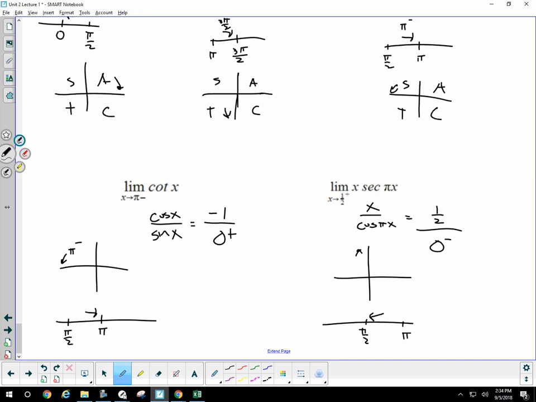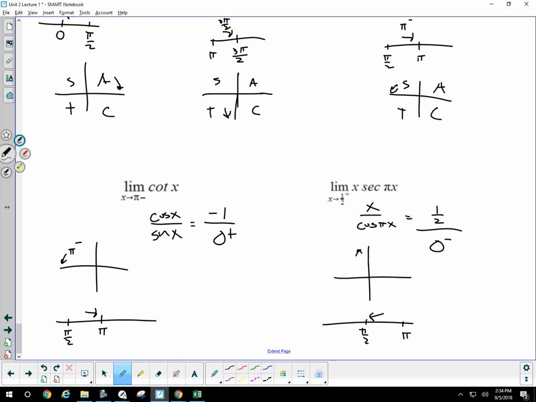Pi from the left, coming from pi over 2, traveling to pi, puts us in the second quadrant. Now, first of all, the cosine of pi is -1. And we're trying to find the trig function of these values. The cosine of pi is -1. The sine of pi is 0.